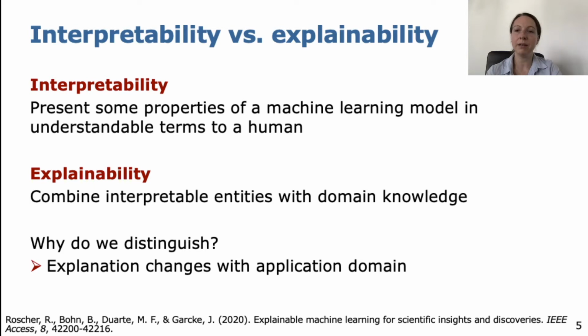And explainability is when we combine these interpretable entities with domain knowledge. And why do we distinguish between these two? So you can have one interpretation, but as soon as you change the application, you might come up with different explanations. That's why it's important to distinguish between these.